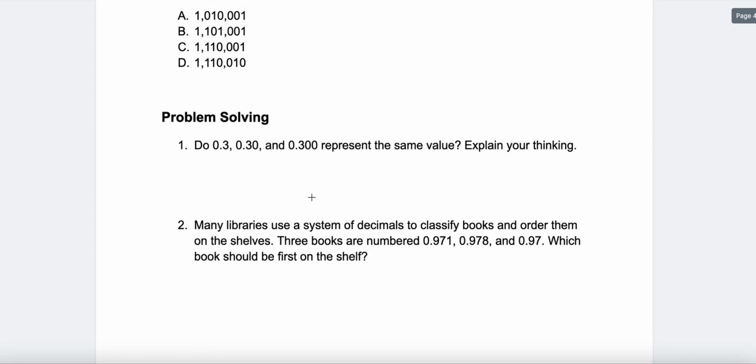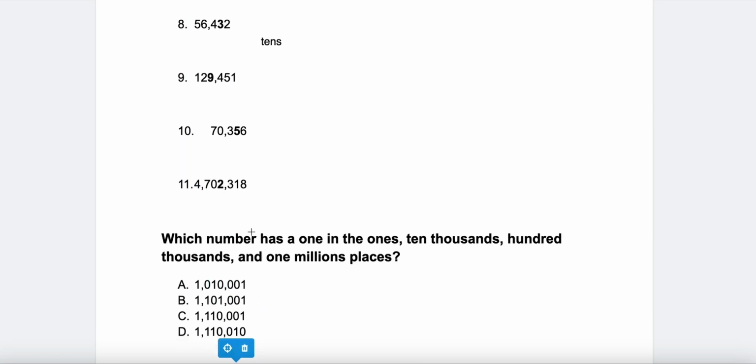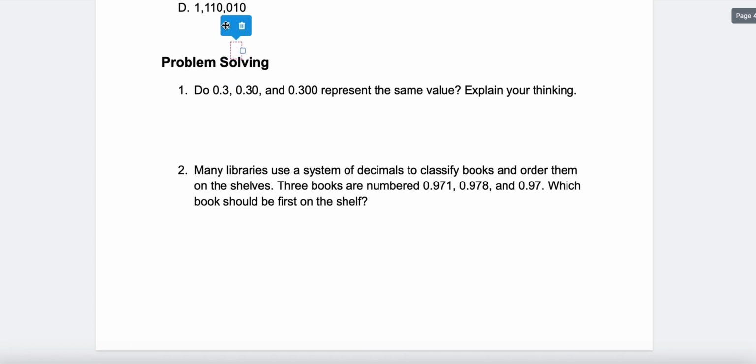For problem solving, I will do number 1 with you and number 2 try on your own. So, do 0.3, 0.30, and 0.300 represent the same value? Actually, you might think it doesn't represent the same value, but it actually does.